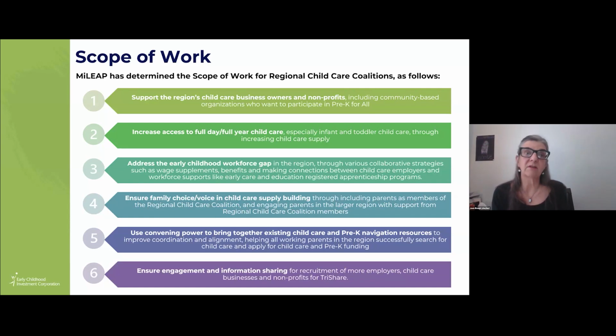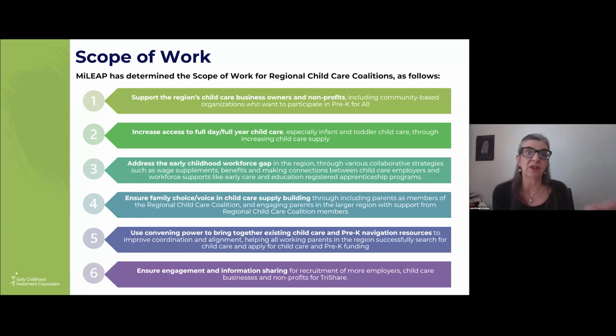The third aspect of the scope of work is working with others to address the early childhood workforce gap in the region. One of the things we learned from all of the planning action plans that were developed by regional coalitions is that there is a workforce gap throughout the state. And we're excited for the opportunity to work with regional coalitions around collaborative strategies to address the workforce gap.